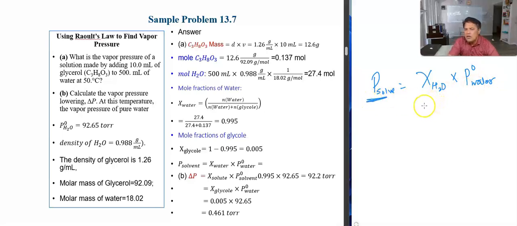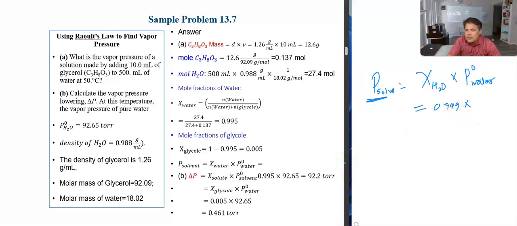So you just plug in the value: mole fraction 0.995 times the P naught, which is given, and that is 92.65.